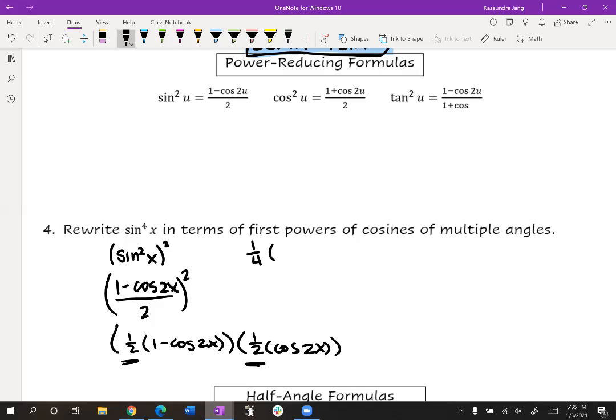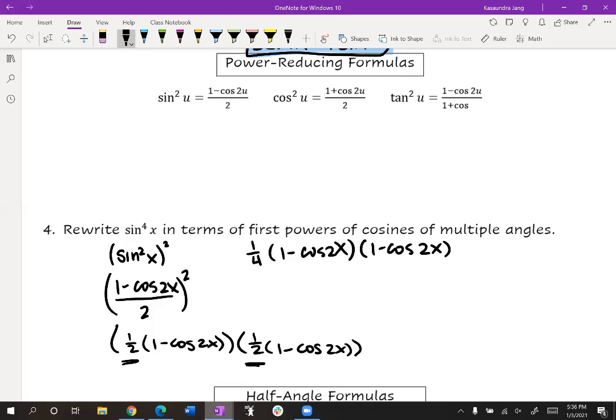But I still have to distribute my 1 minus cosine of 2x. Oops, I missed a 1 minus. It should also be a 1 minus cosine of 2x. Okay. Again, it was squared, so that's why it looks like the same thing multiplied together.